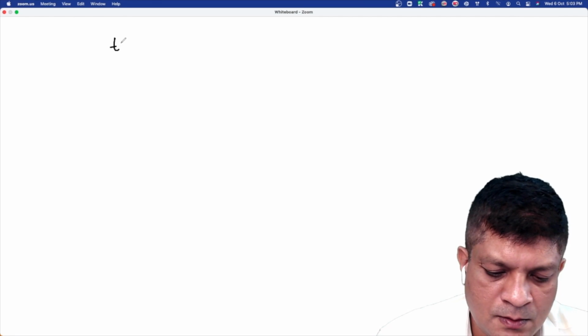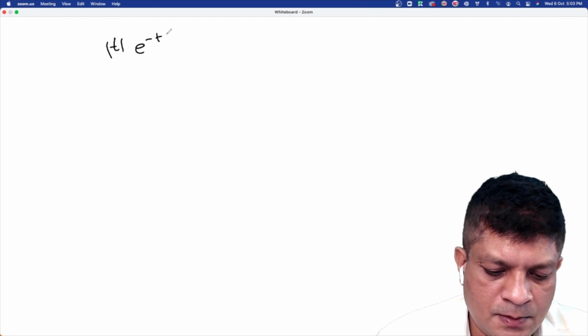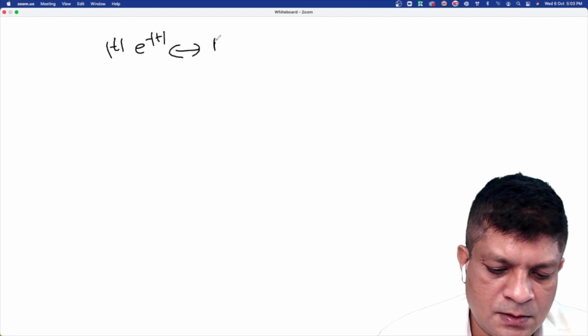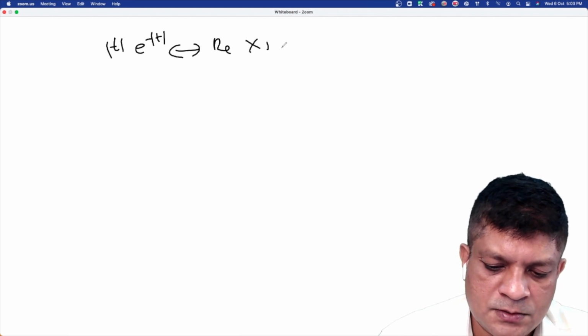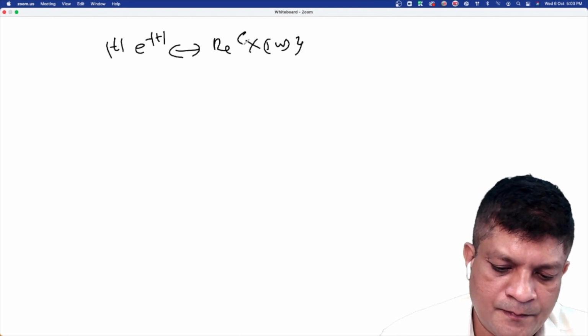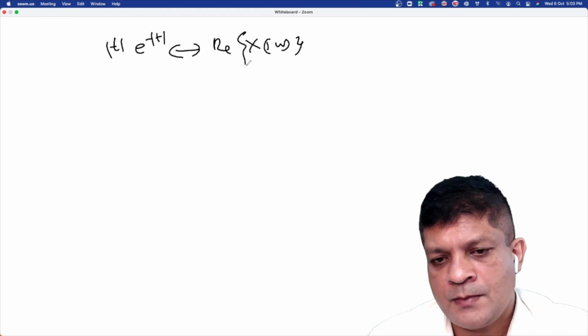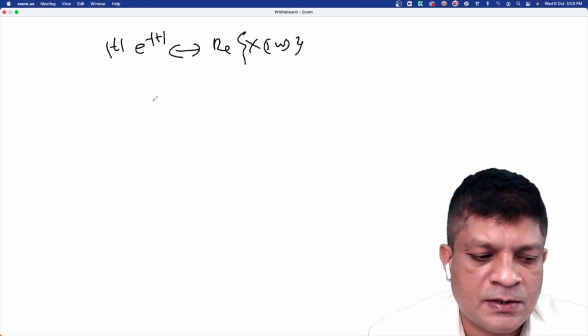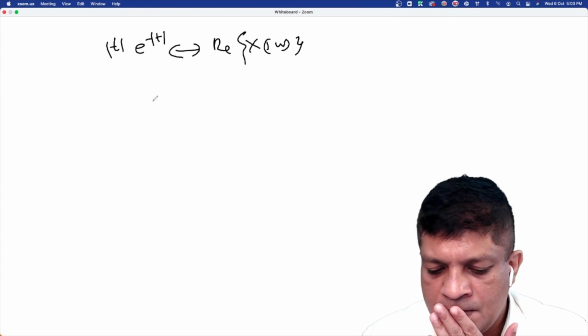Given that mod t e to the power minus mod t is the real part of X(j omega), this one. And it is given that the signal xt is real valued.